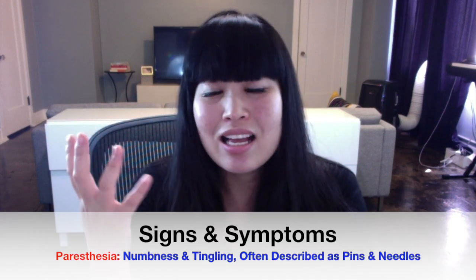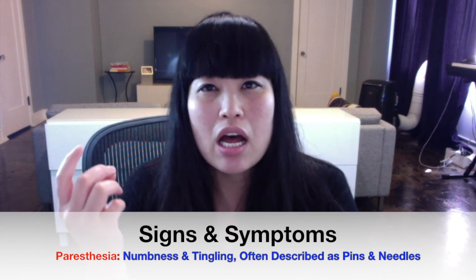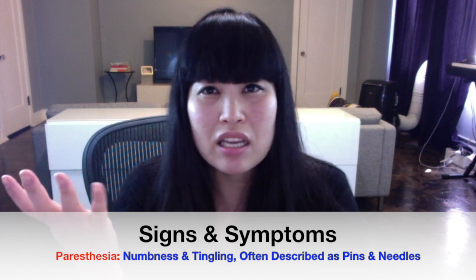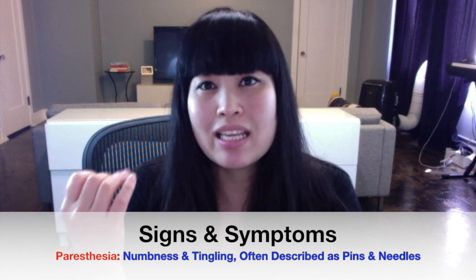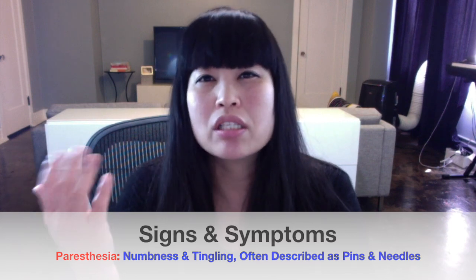So each night, I've been waking up in the last couple of weeks, vigorously shaking my hand because of numbness and tingling. A lot of people will also express that as pins and needles. And numbness and tingling, what's another word for it? Paresthesia, right? And so with carpal tunnel syndrome, it's typically nightly paresthesia when you're sleeping at night.